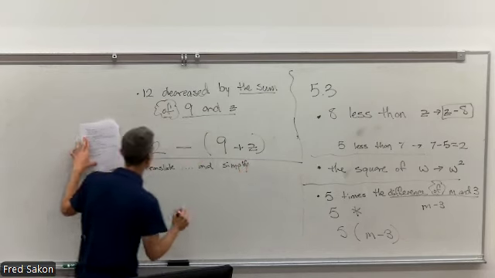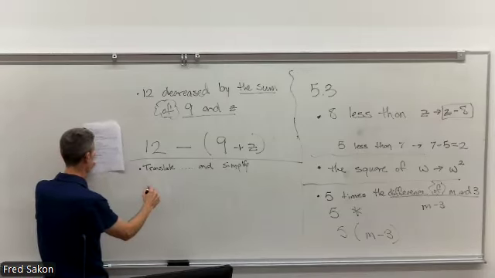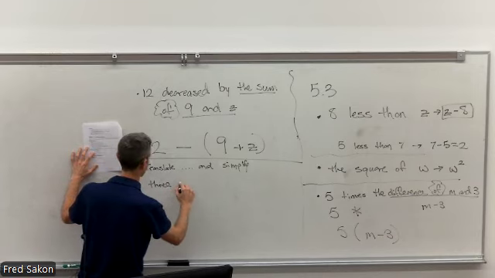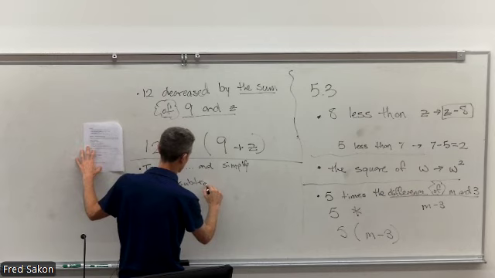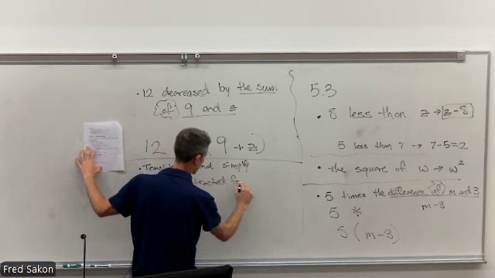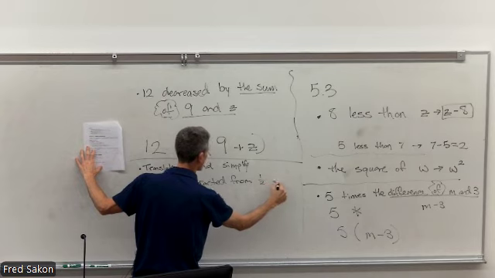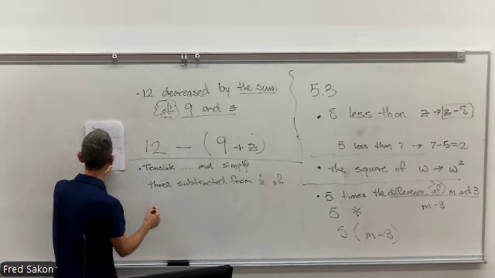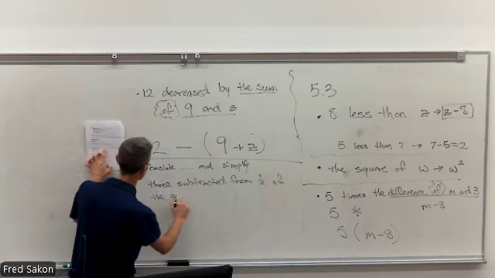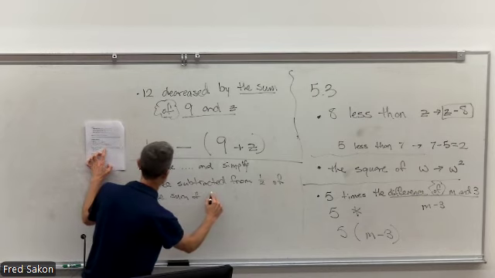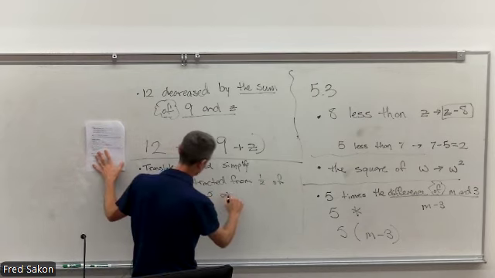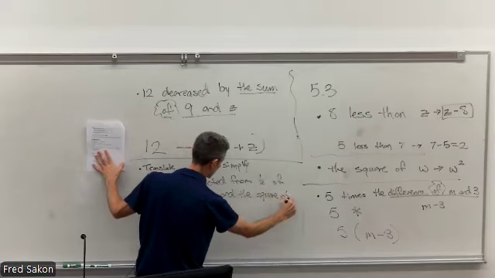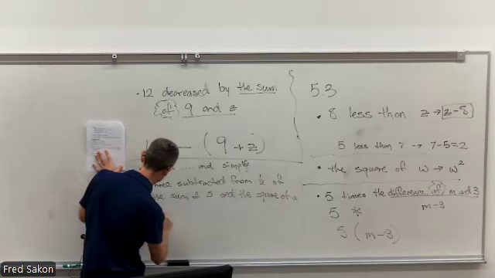That stuff that we're to translate, let's take the example: 3 subtracted from 1/2 of the sum of 5 and the square of a number.